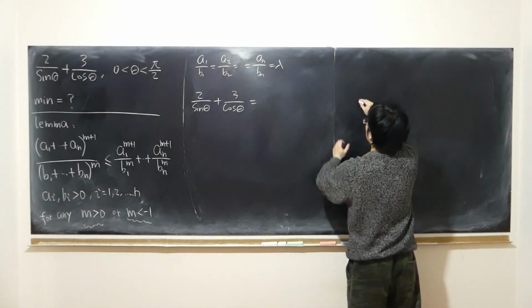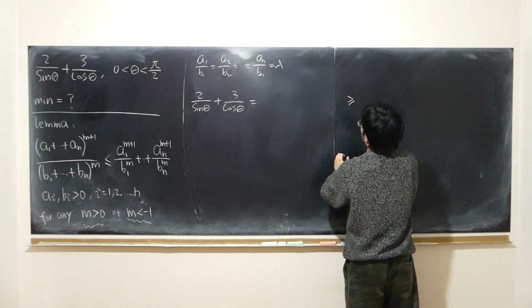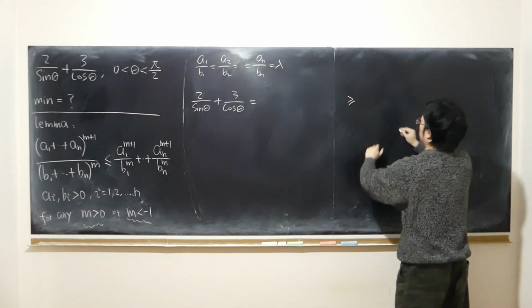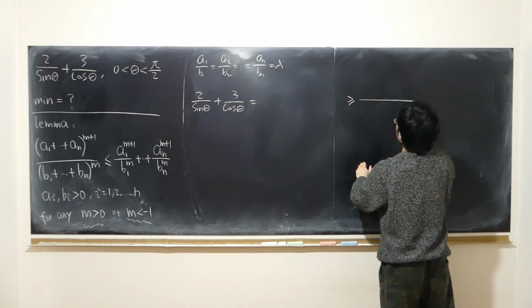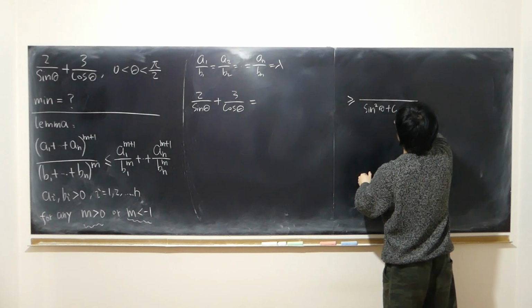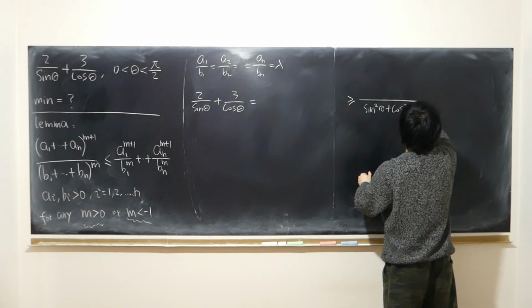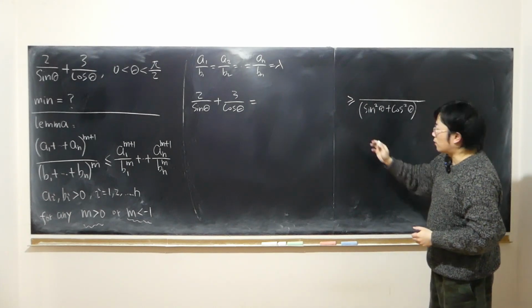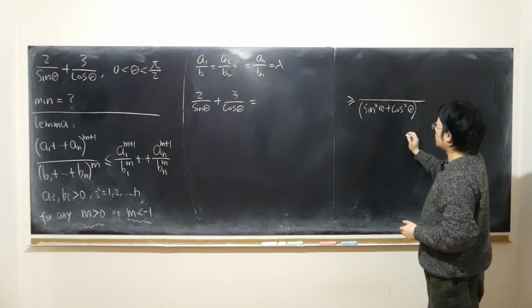And that form can be greater than or equal to, I suppose, because we're finding the minimum, some sine square plus cosine square.